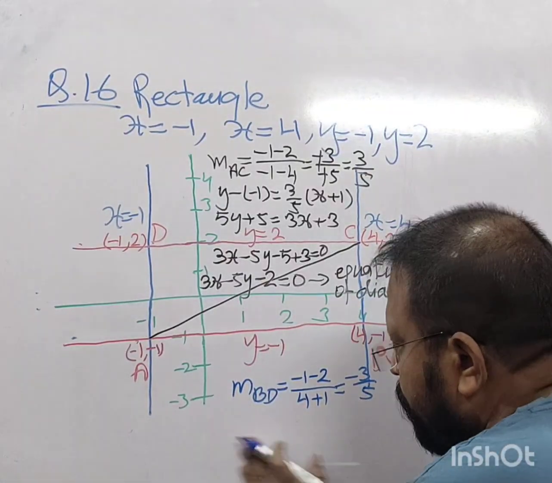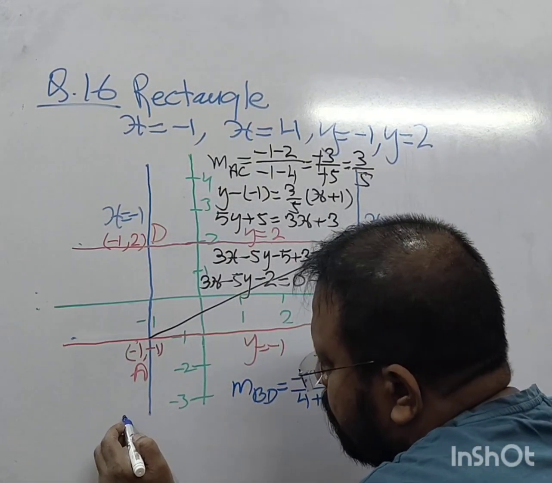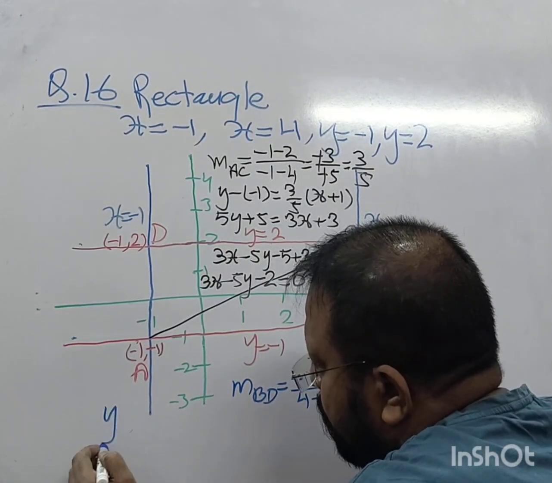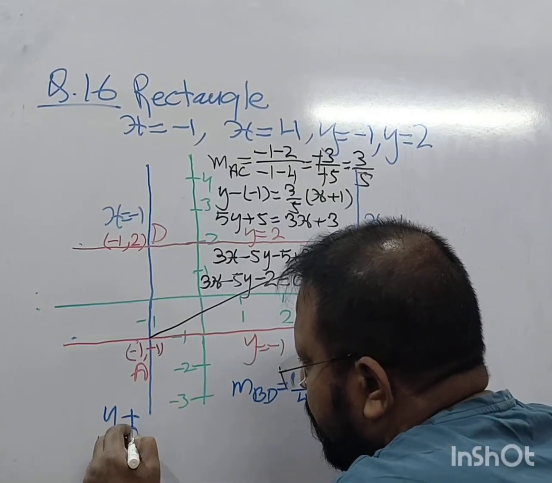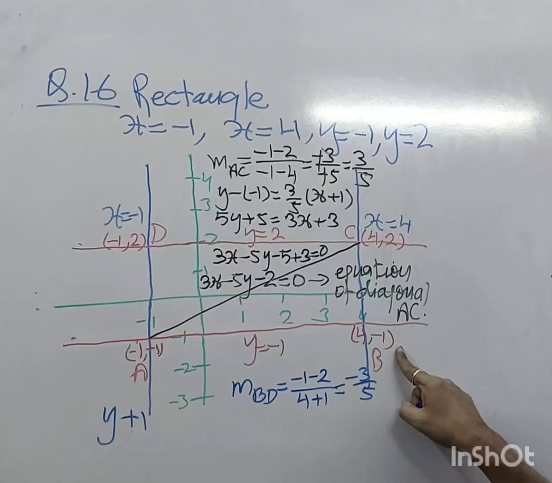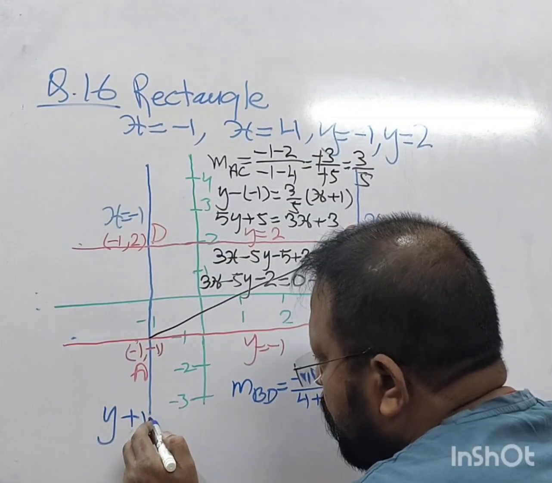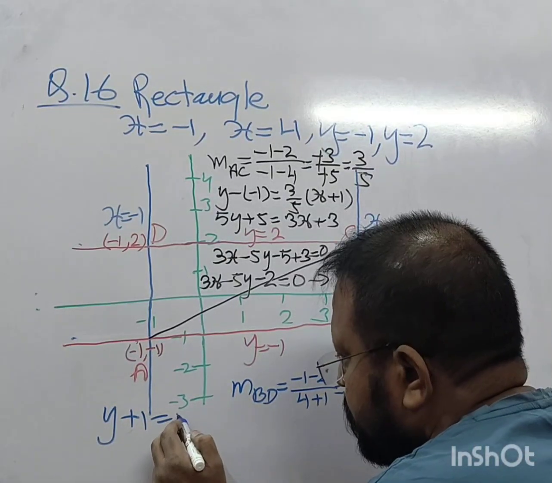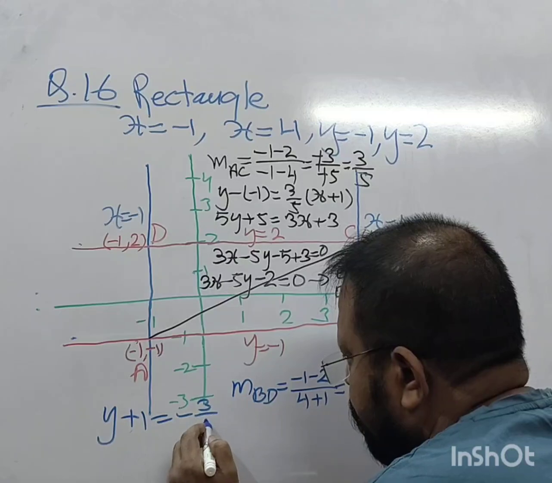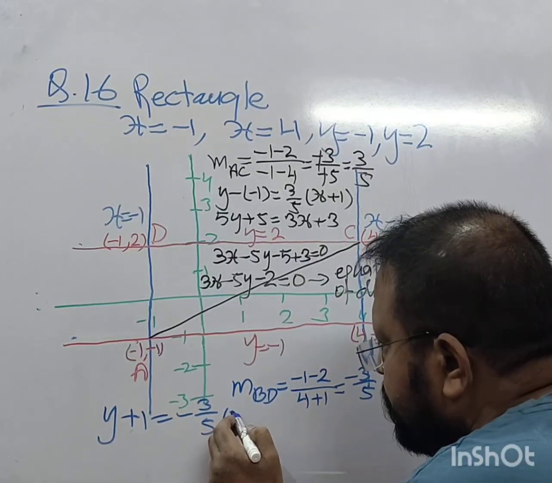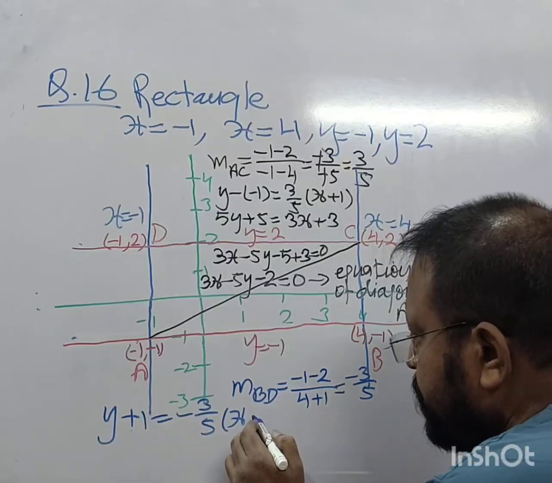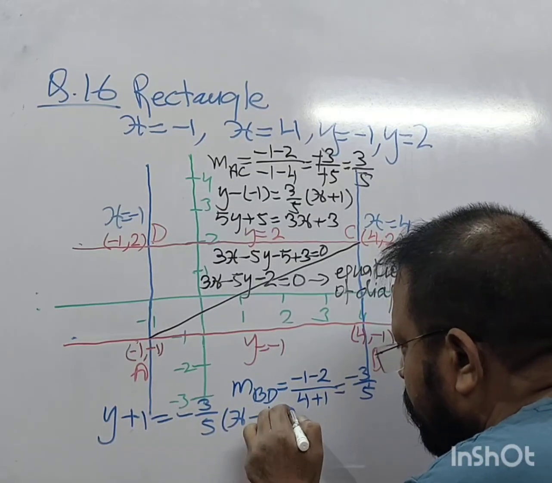Now we have the equation y minus y1, so you can write here y plus 1 is equal to minus 3 by 5 bracket x minus 4.